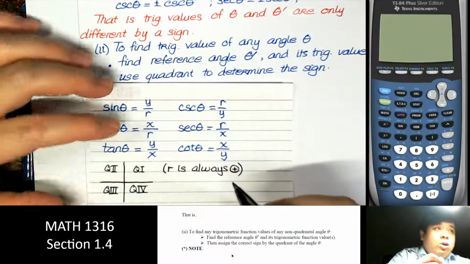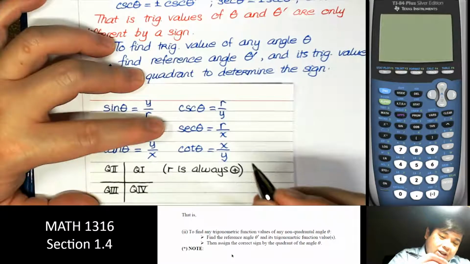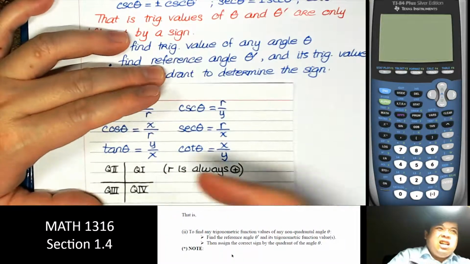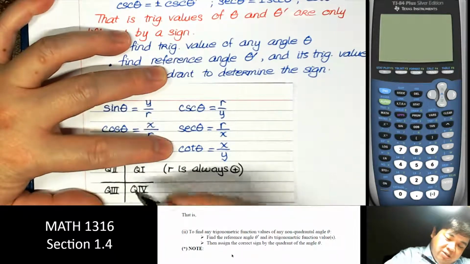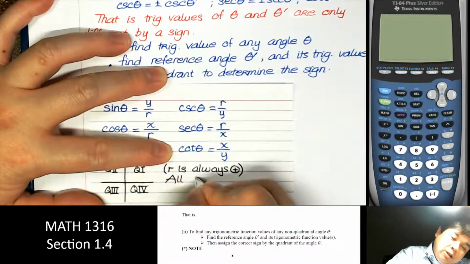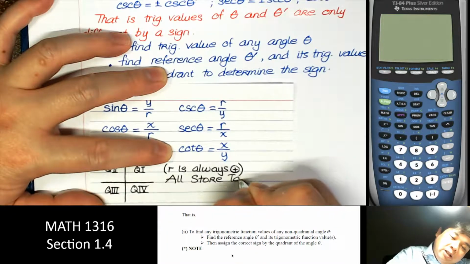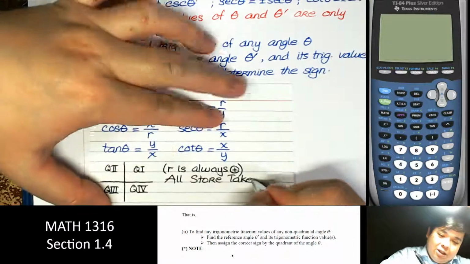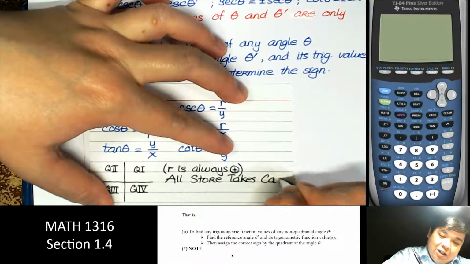But when we put it all together, we have this mnemonic. Like that is quick reference, so I just write the mnemonic. Let's say I use "All Students Take Calculus."